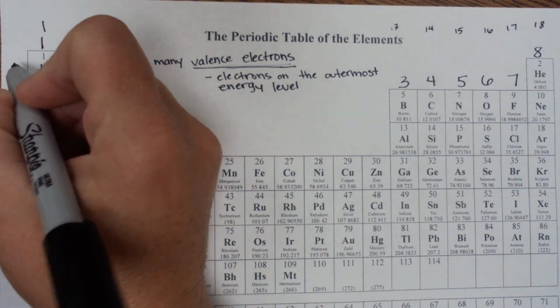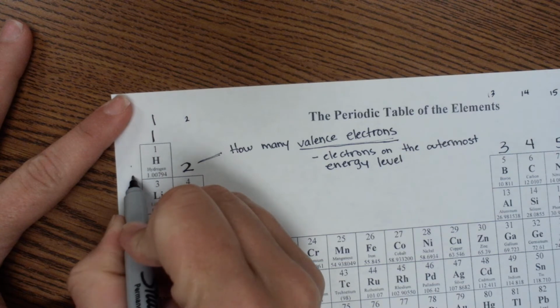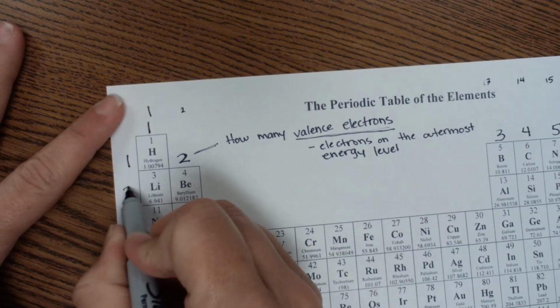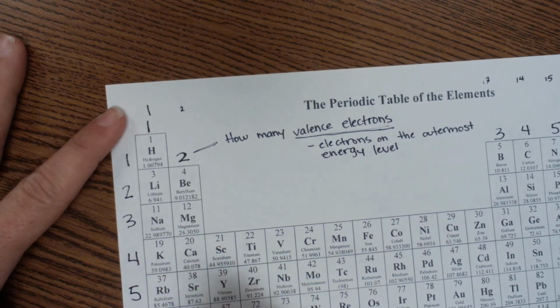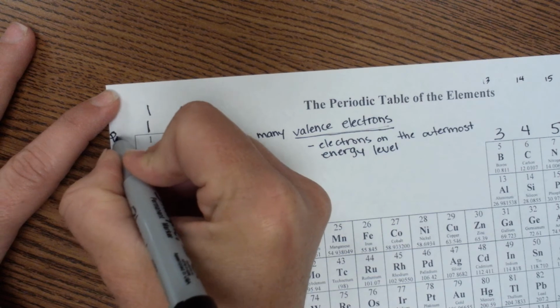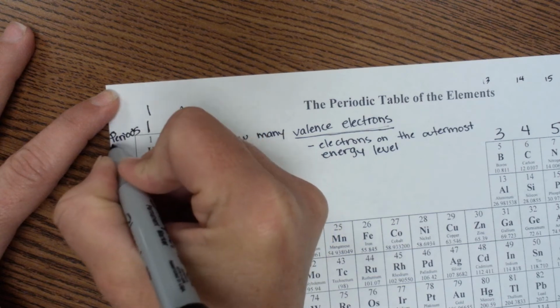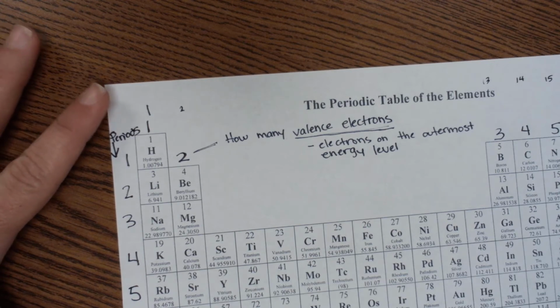So you can see, make sure you can read that. Here's period 1, here's period 2, period 3, period 4, period 5, 6, 7. So the periods tell you how many energy levels.